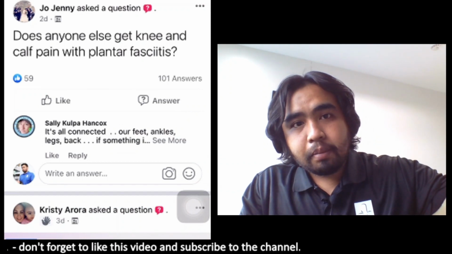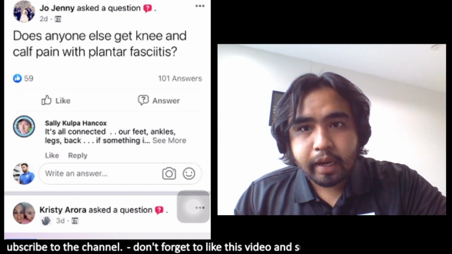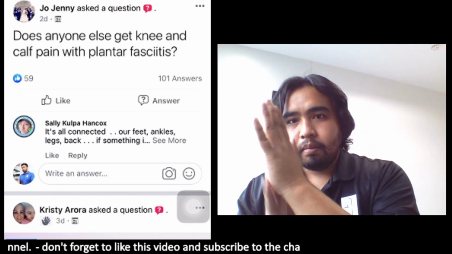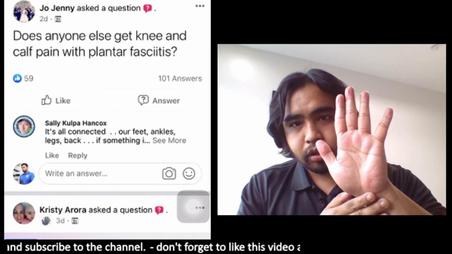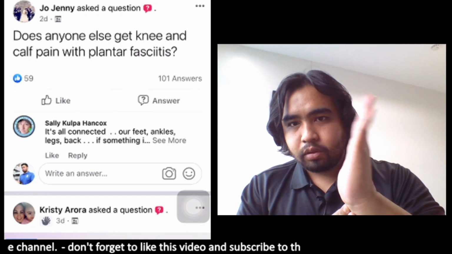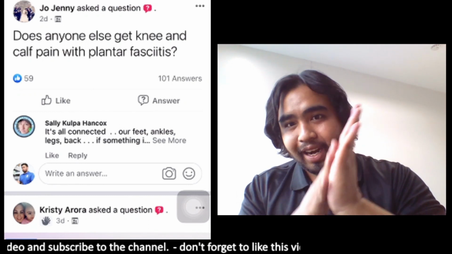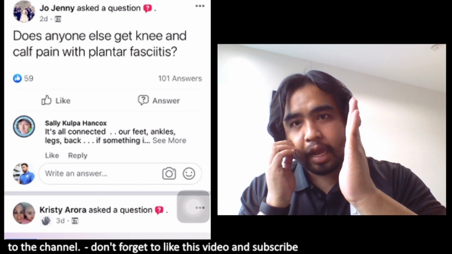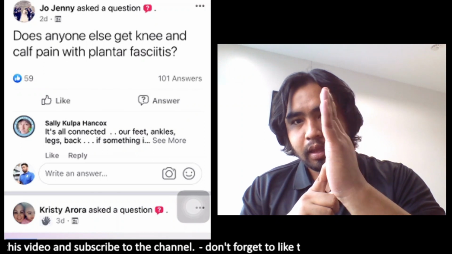Now, it could also be biomechanical in nature. If you have a loss in ankle dorsiflexion, meaning because of the pain that you experience on the sole of your foot, you don't like to dorsiflex your foot, or move your foot going this way, because it will create more pain. So you will experience that loss in this movement.